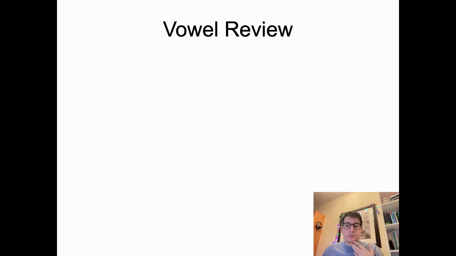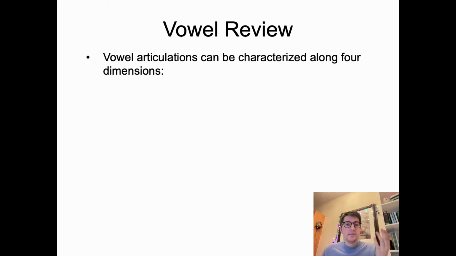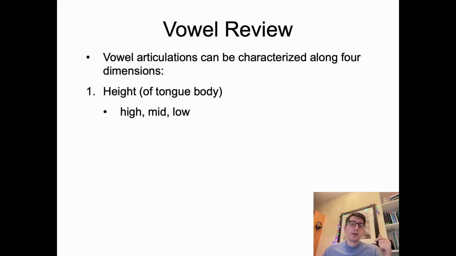So, first, the vowels can be differentiated based on height of the tongue. The tongue body moves up for the high vowels such as i, I, u, and U, and down for the low vowels such as a and A.